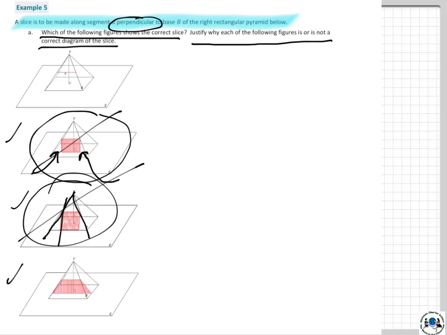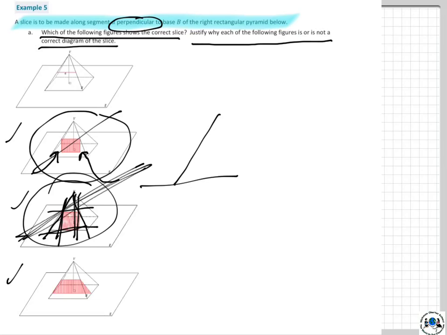This is actually in the same plane as that lateral face, and we know that those lateral faces are not straight up and down, and of course are not perpendicular to the base of our right rectangular pyramid. Therefore, anything that's lying in the same plane also will not be perpendicular to the base.